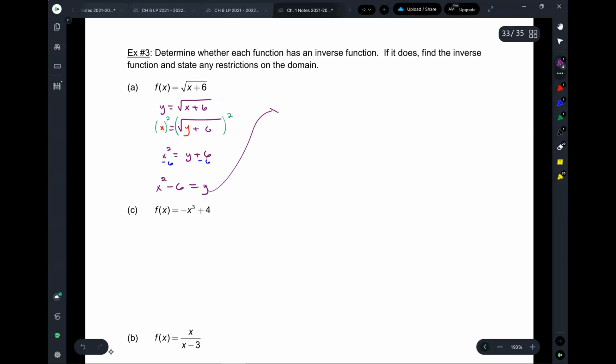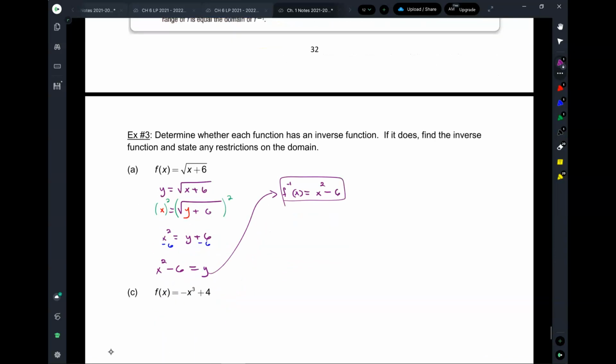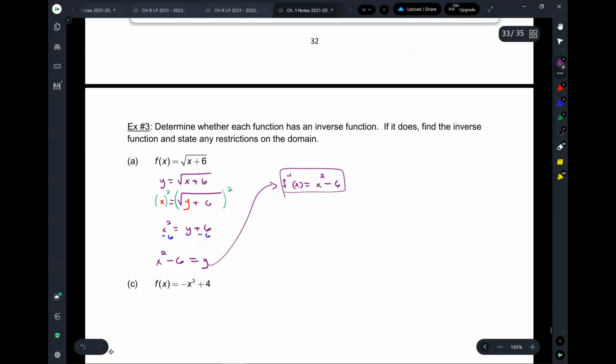So I need to replace it, and I need to say f inverse of x is equal to x squared minus 6. Okay? All right. Well, this is until the second to the last step. Then it says state any restrictions if there are any. So let's take a look at what we've done. What we had was root x minus 6. That was the graph.